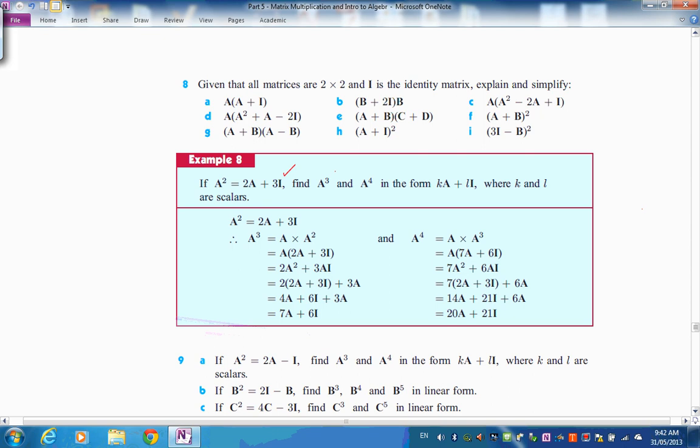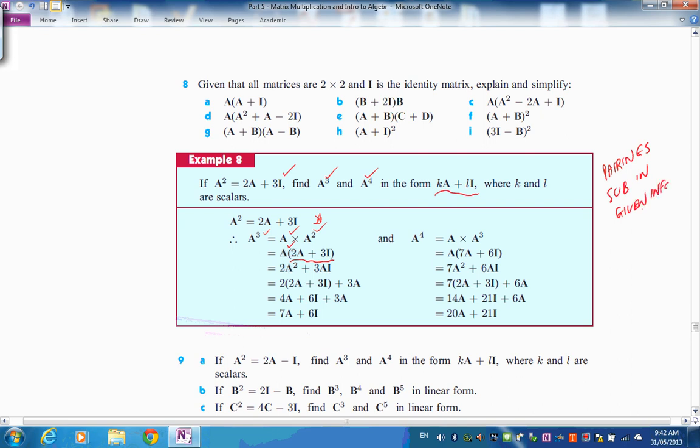We've got these conditions, A squared equals 2A plus 3I, and we want to find A cubed and A to the fourth in this form. So let's have a look now, writing it out. Now, we want A cubed, so A cubed is A by A squared. So the secret in this work is looking at the pairings, and then you need to sub in given information at the right time.